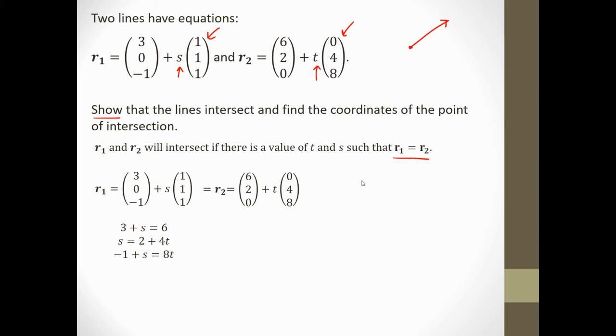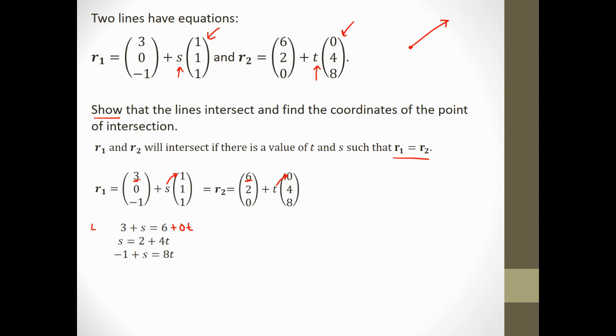But now, we're setting up a system of equations, and I'm just taking 3 plus s equals 6. That came from 3 plus s times 1 equals 6 plus t times 0. So I could have said 3 plus s equals 6 plus 0t, but 0t is just 0.